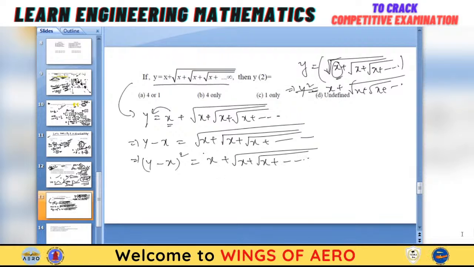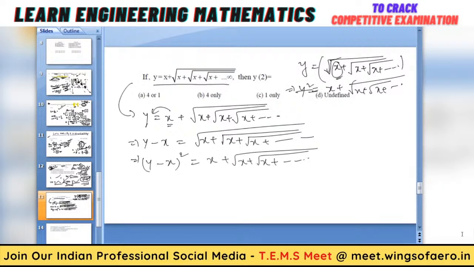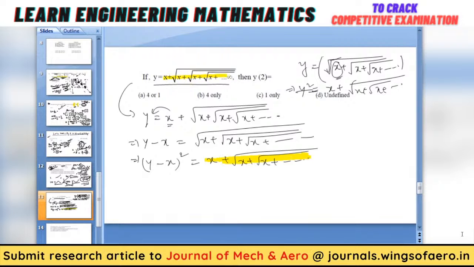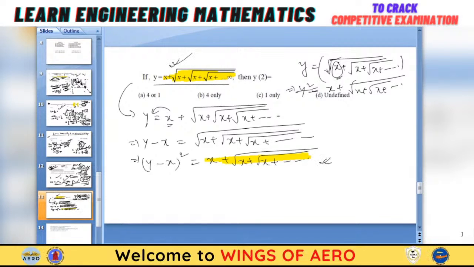Now look at this. Is there any difference between this term and this term? If I just square both sides, the term in the question and this term will be equal.